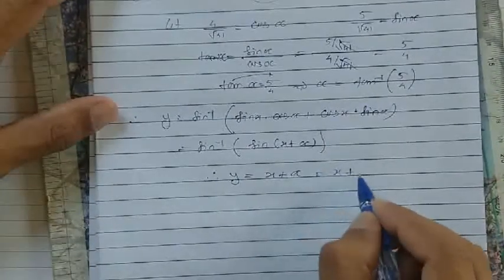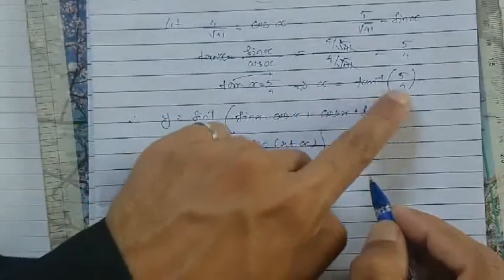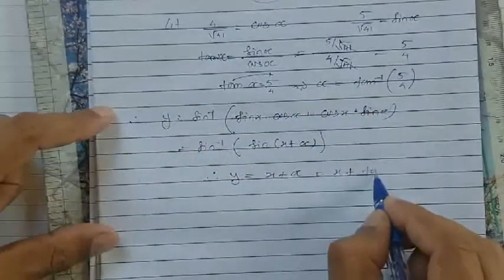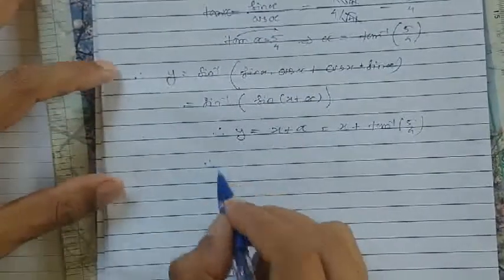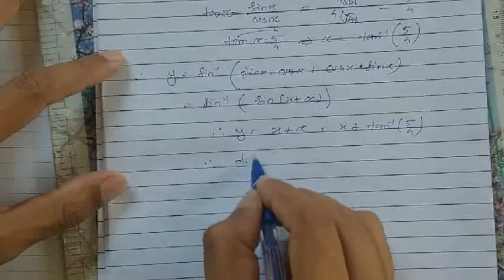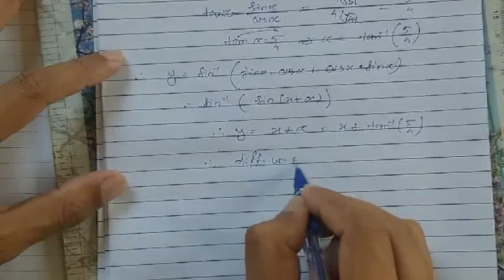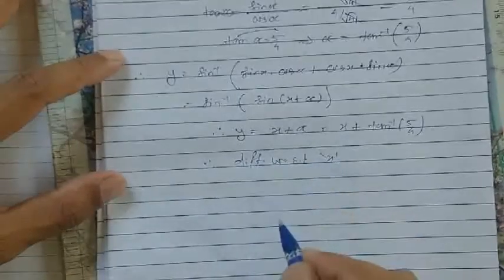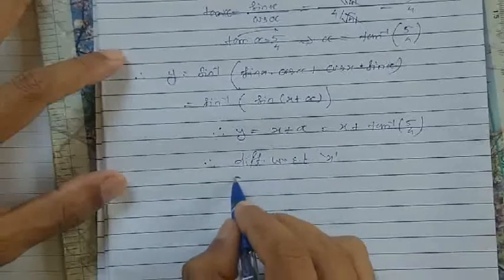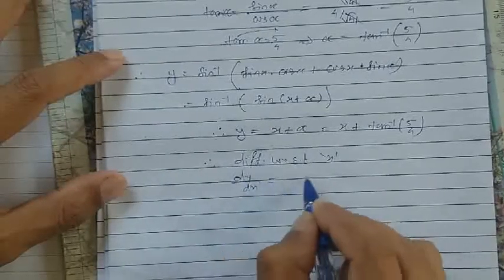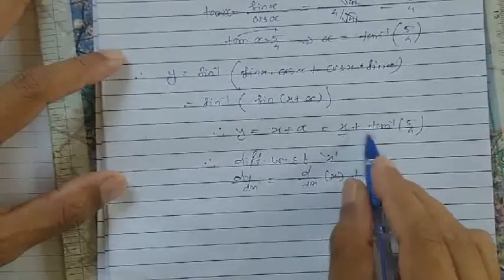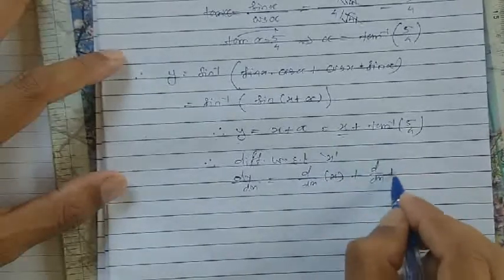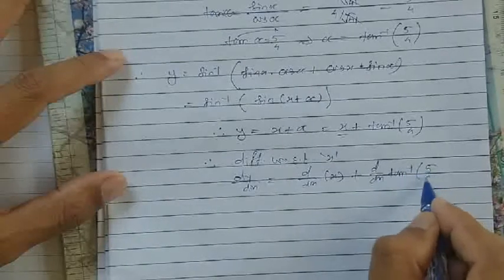So replace alpha by its value. Alpha is nothing but tan inverse of 5 by 4. So we get x plus tan inverse of 5 by 4. Therefore, on differentiating with respect to x, because we have to evaluate the differentiation of the given function with respect to x, dy by dx equals d dx of x, middle sign plus, then d dx of tan inverse of 5 by 4.